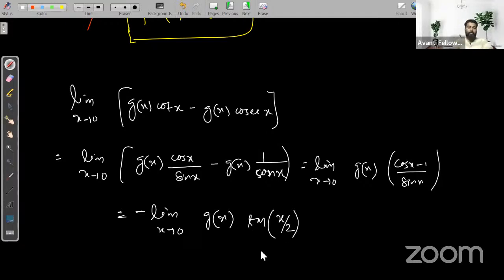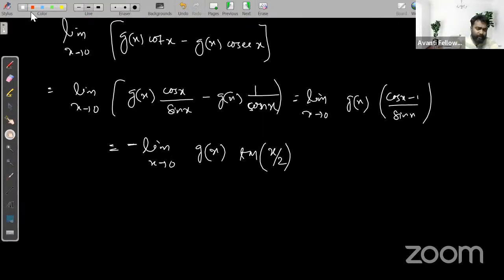Now, you can see when we put the limit as x tends to 0, then tan of x by 2 will be 0. Yes, we know this. Because the right hand side of the statement is 0, the left hand side will be 0 if g of x is finite.